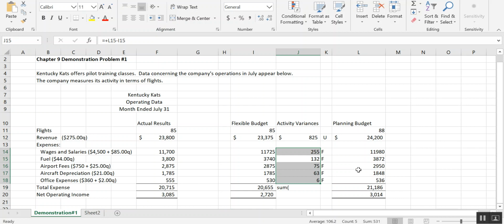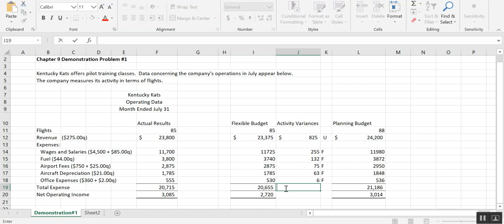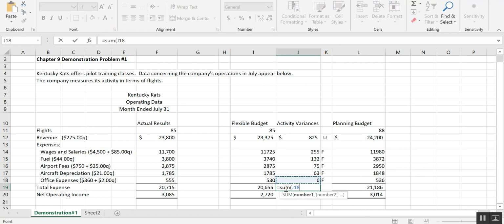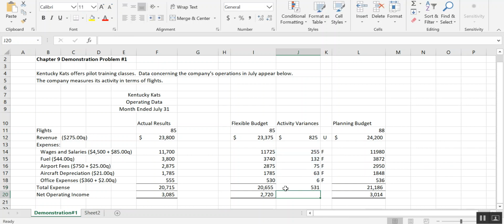Oh, what did I do? Okay, I know what I did. Equals sum. We add those up, we get a $531 favorable variance in the activity level for these expenses.